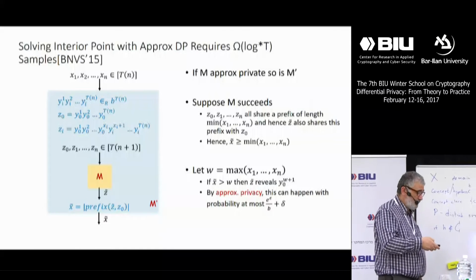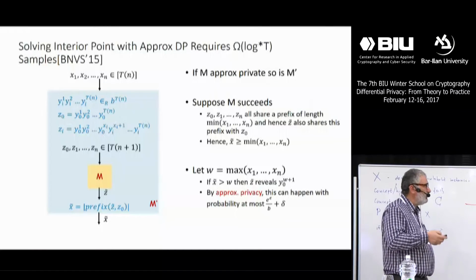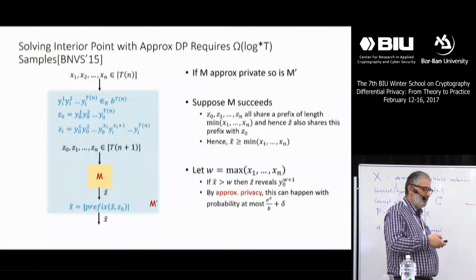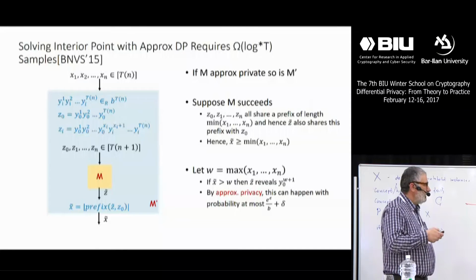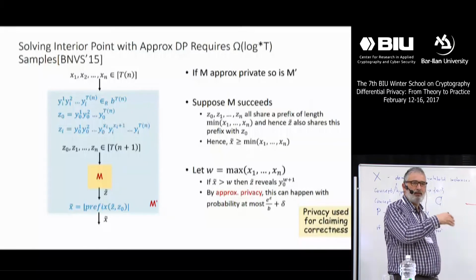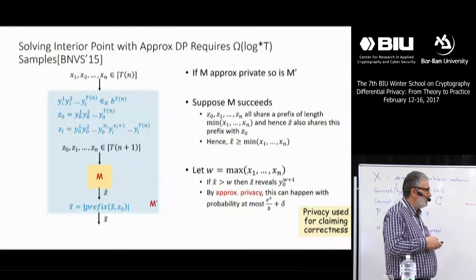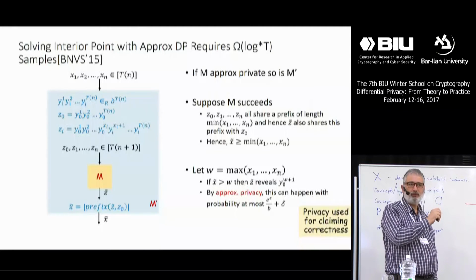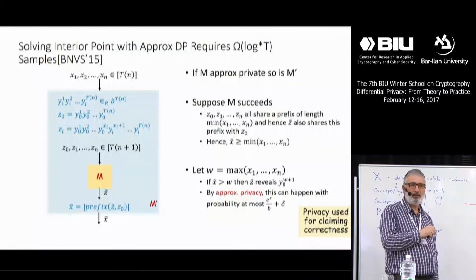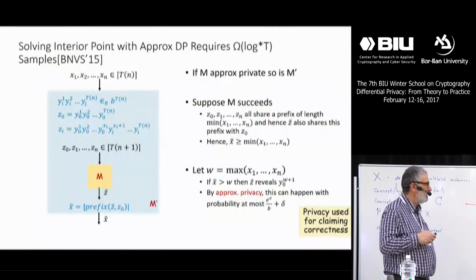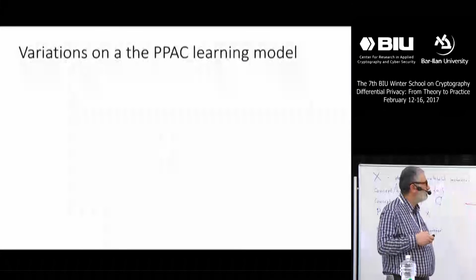Differential privacy allows that to happen with only bounded probability, something like 1/b times the factor of e to the epsilon plus the slackness of delta. Now we have to be careful in how we choose b so that this is kept small, and this is the technical issue, the choice of the basis b. So here we use privacy for getting the correctness.